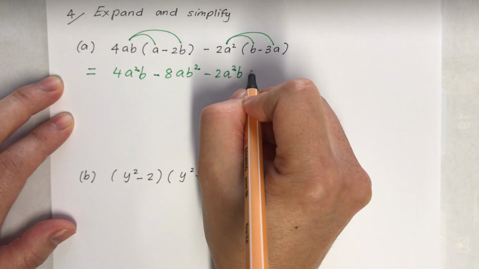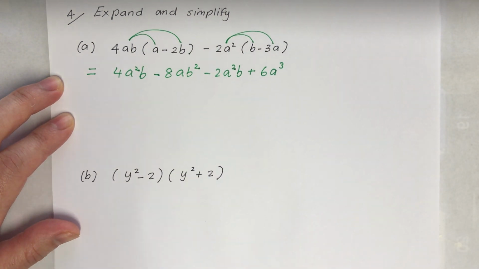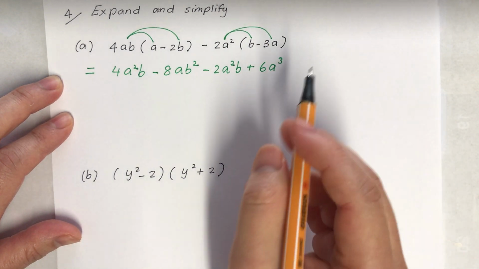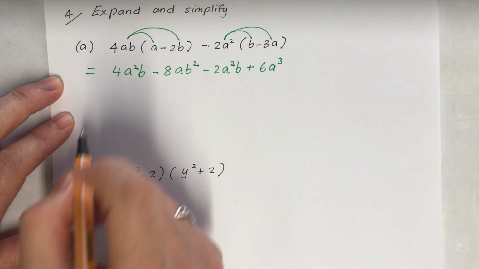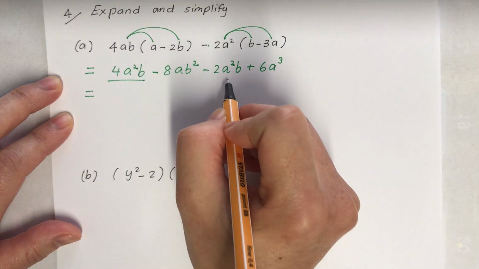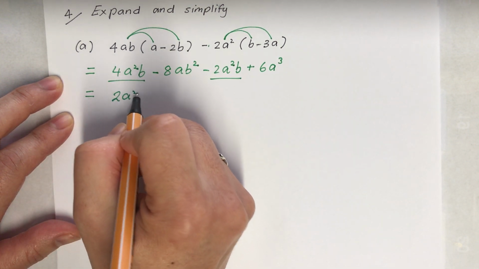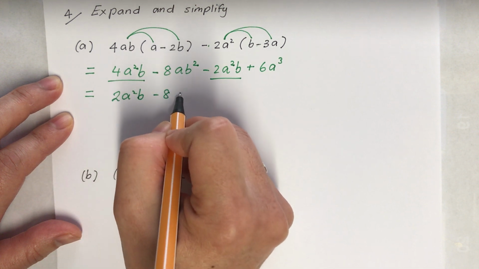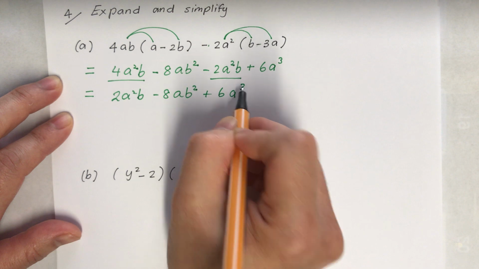Now it's a good idea to pause it and do it yourself and then check it if you need to. Now be careful with this, minus minus becomes plus. Squared b minus 8ab squared plus 6a cubed.